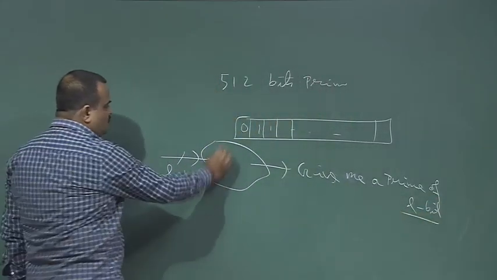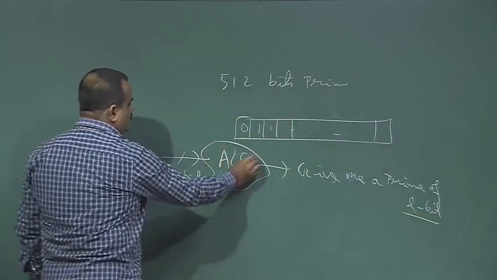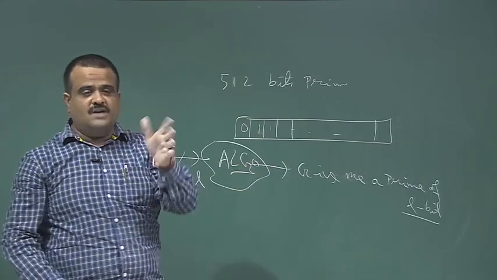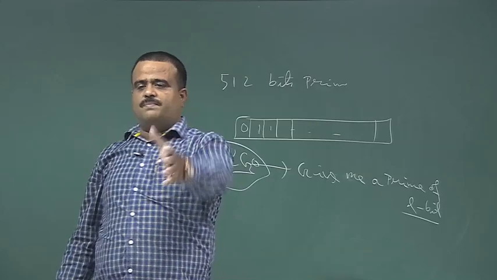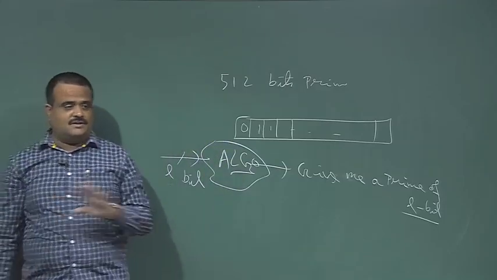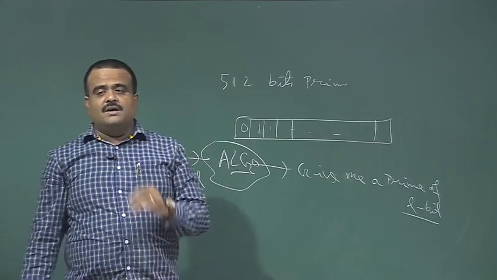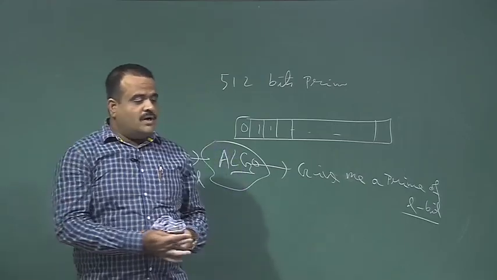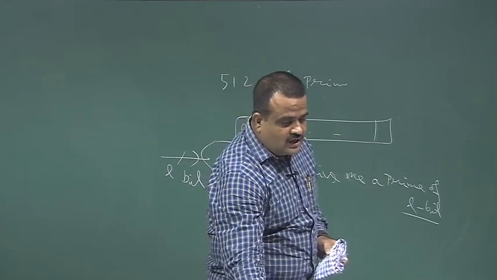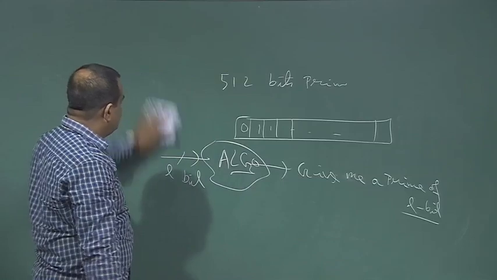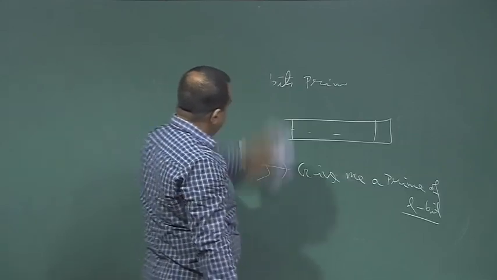Is there any algorithm which can do that? No, there is no such algorithm in the literature which can give us a prime number. So, what can we do? We can do a primality test. We can choose an odd integer, then test whether it is a prime or not.